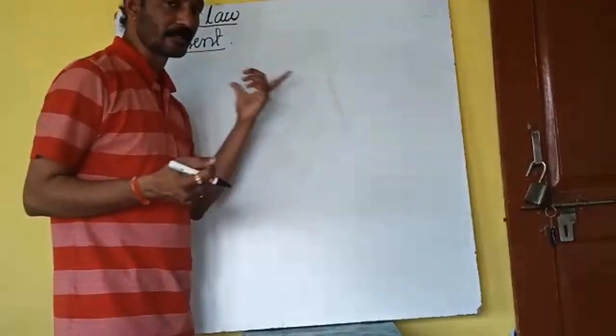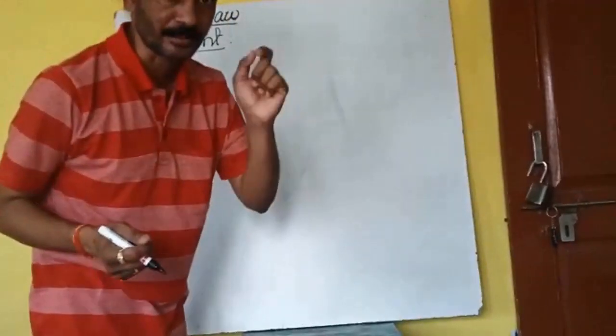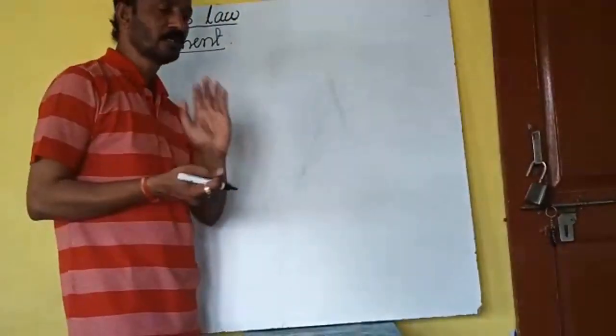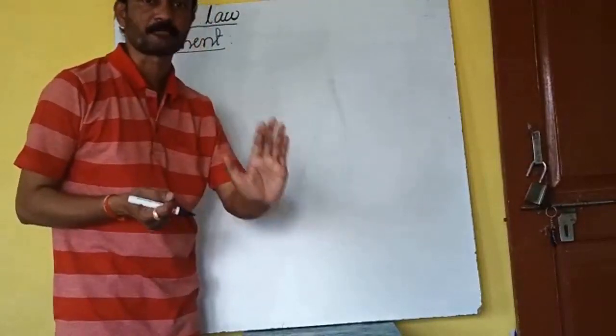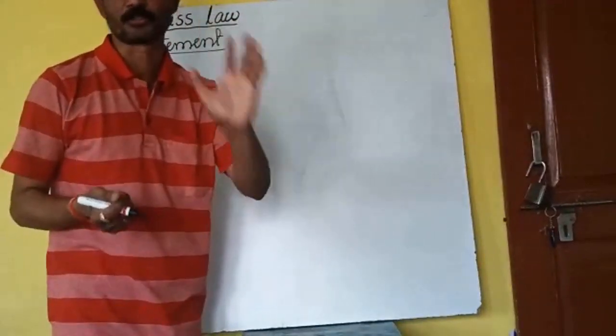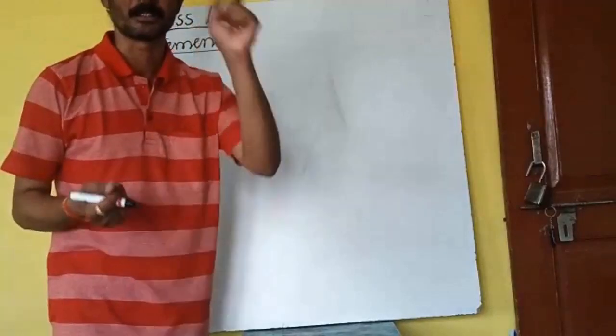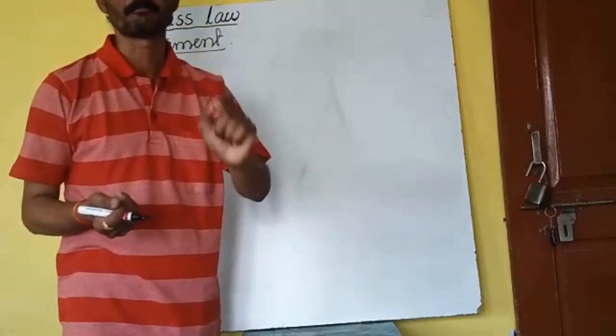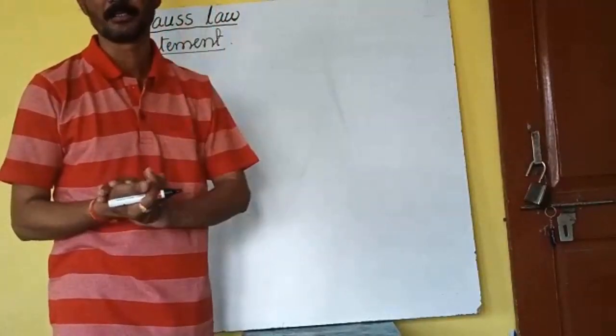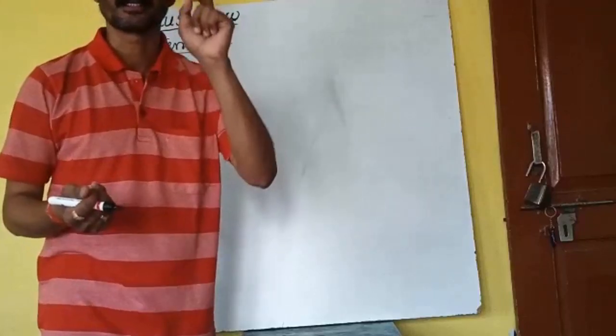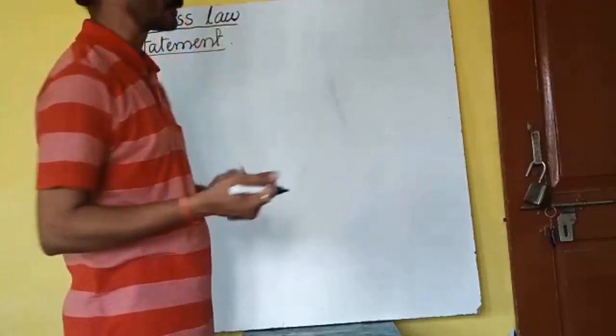Gauss law states that the total electric flux through any closed surface is equal to 1 by epsilon naught times the net charge enclosed by that surface.